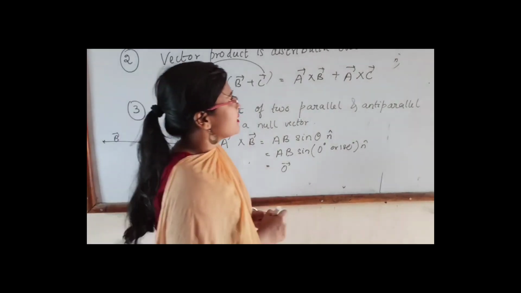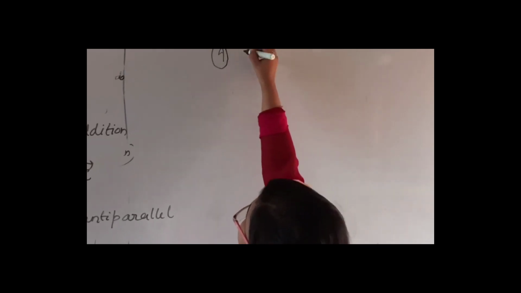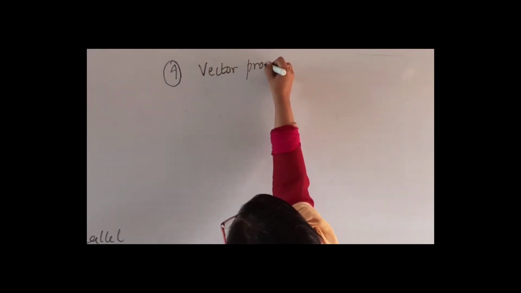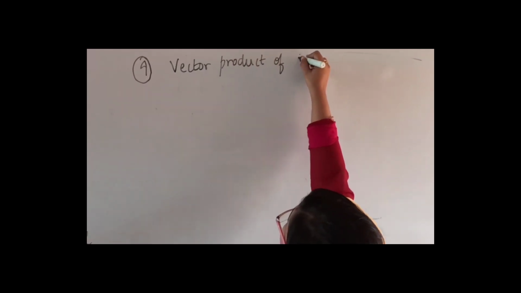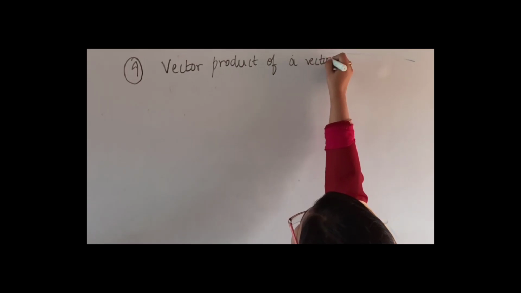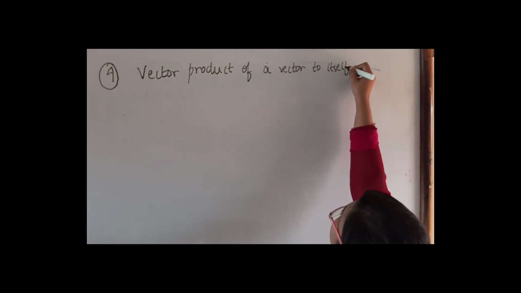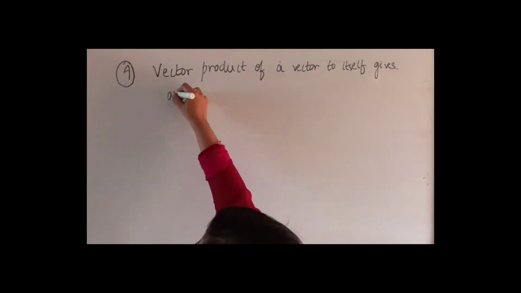Clear? Now let's see the fourth property, that the vector product of a vector to itself gives a null vector.